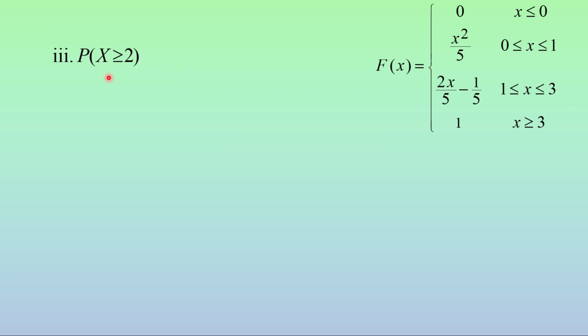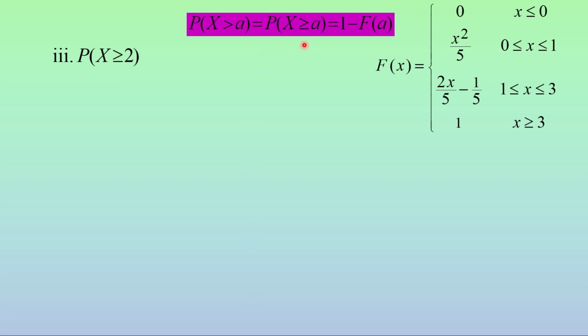Find the probability of x greater or equal to 2. Note that probability x greater or equal to a is equal to the total area minus F of a. Therefore, the probability x greater or equal to 2 is equal to 1 minus F of 2.